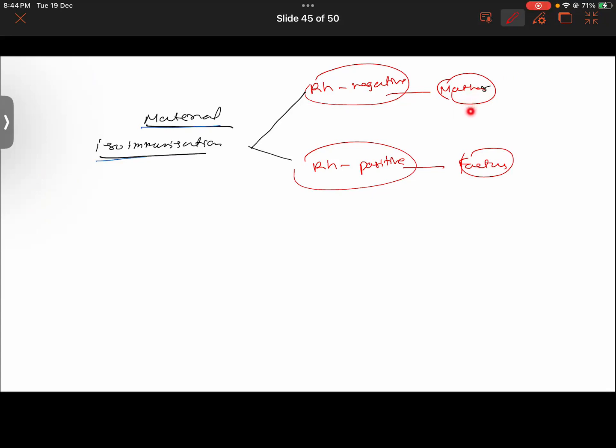Now what might happen is that these antibodies, since the baby is connected to the mother via the placenta, also called the umbilical cord, might go back into the baby and thereby destroy the red blood cells of the baby. That is the thing.